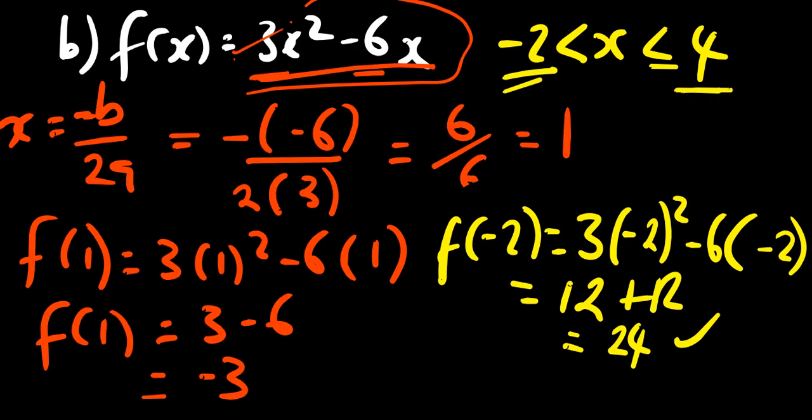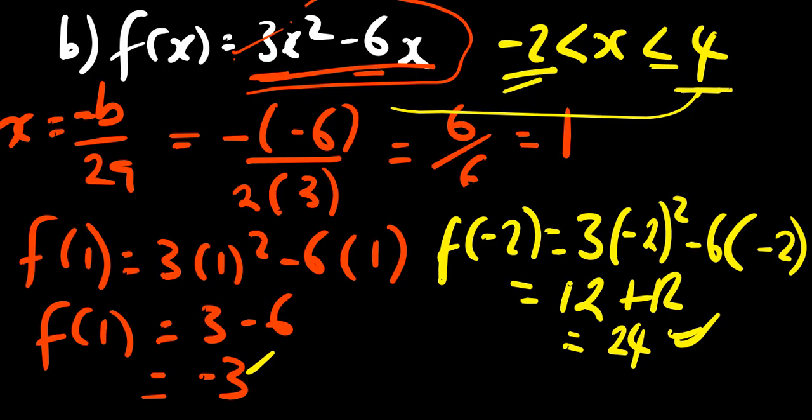If we put 4 here, 4 squared is 16, multiplied by 3, then subtracting 6 multiplied by 4, that's 24. So in this case we're just going to get this value and this value.